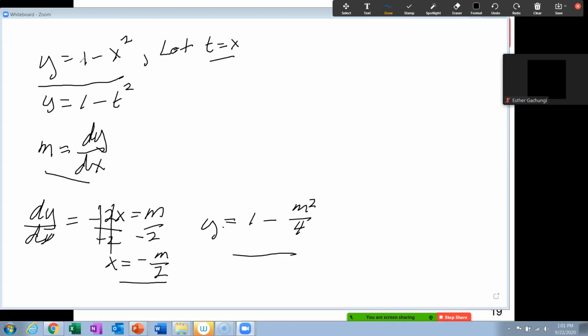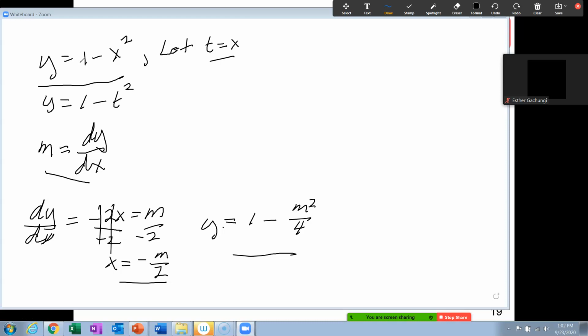One of them's going one way, one of them's going the other way, in my mind. The one going from right to left on that parabola is the one with the m. The other one I think is going left to right. Okay. So I think that's all.